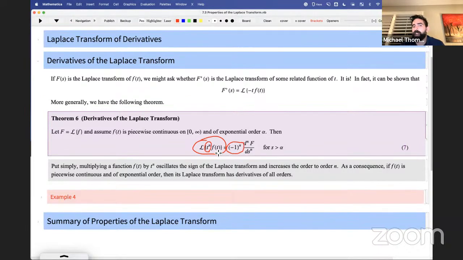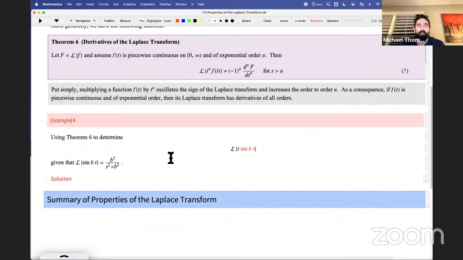And then it increases the order of the derivative of the transform. So this is going to help us in those specific situations when you have an extra t to the n and it's not somewhere in your table. All you have to do is take what you know, take the derivative of what's in the table n times, and make sure to flip the sign appropriately. All right, so we'll take a look at that one.